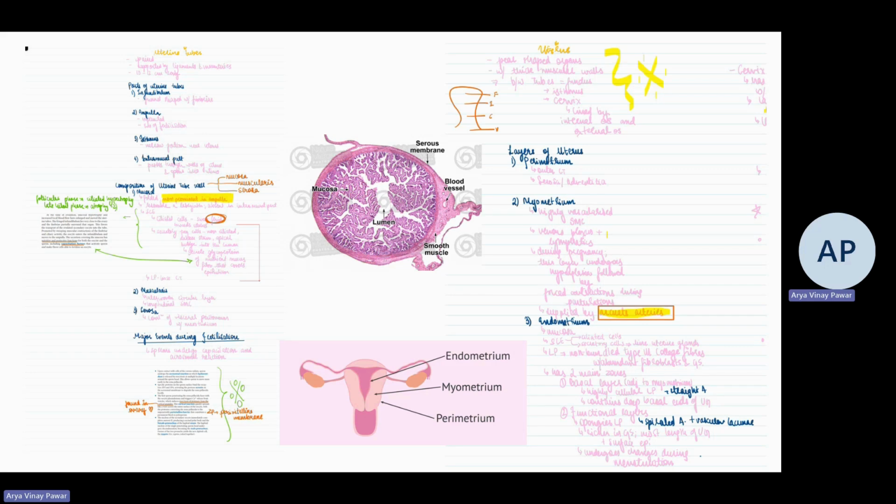The endometrium is lined with simple cuboidal epithelium, again with ciliated cells and secretory cells, the same as the uterine tube. And a characteristic feature is that in its mucosa we see collagen fibers.